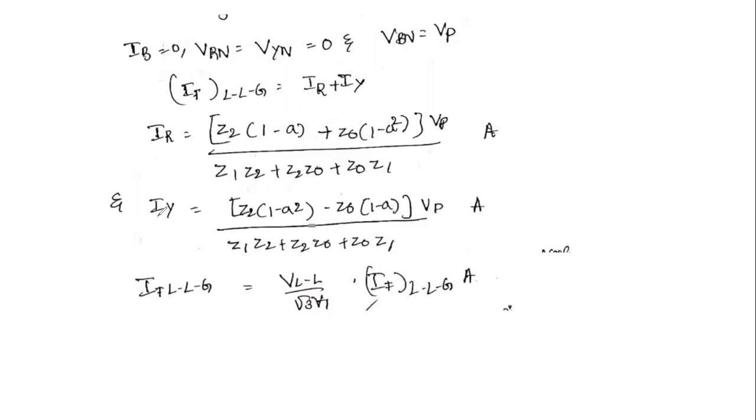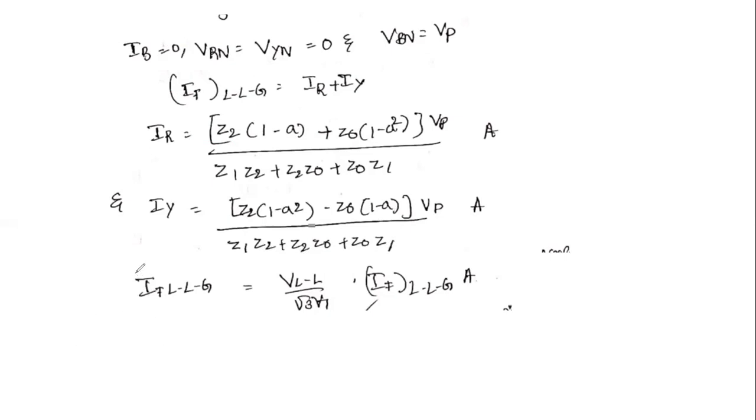Similarly, IY is equal to Z2 into (1 minus A square) minus Z0 into (1 minus A) into V phase by (Z1 Z2 plus Z2 Z0 plus Z0 Z1).